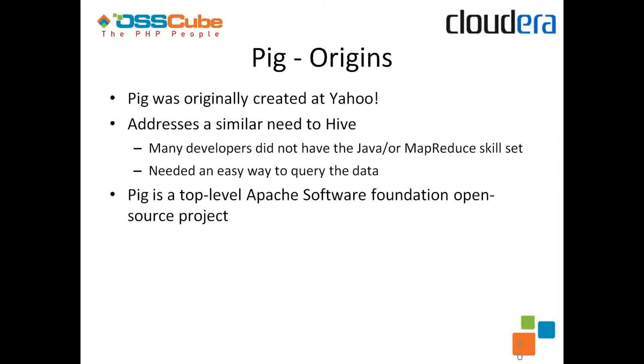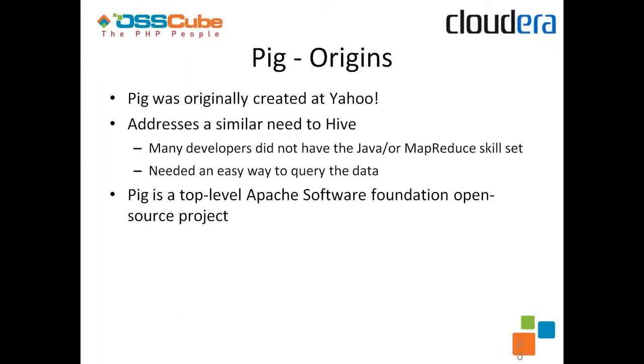So let's get back to Pig now. At Yahoo, they had similar problems as they had at Facebook. Again, they had lots of developers who did not know Java but wanted access to this data.